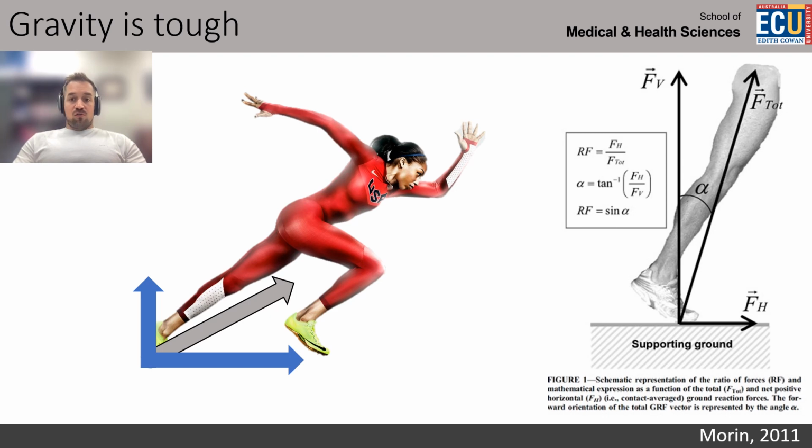So the overall force magnitude needs to be larger if you want to be able to orient this vector more forward. So leaning forward without having sufficient leg extension strength will risk you to fall over, because we just can't ignore and neglect gravity.